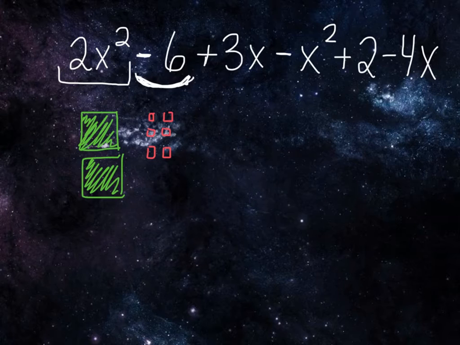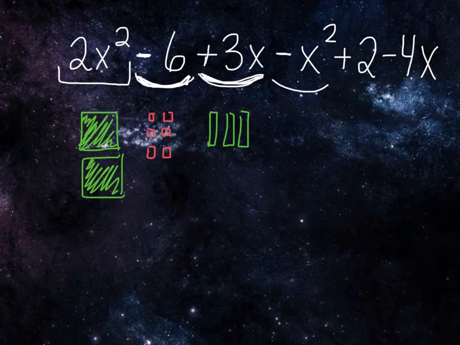Next up, we've got a plus 3x, so it's positive. And we're going to be drawing 3 positive x's. And we decided those would be our thin green lines. So we've got 3 of those guys. Next up is negative x squared. Remember, if there's no coefficient there, it's just assumed to be 1. So there's 1 negative x squared.